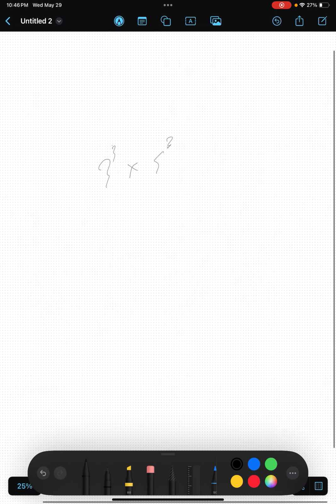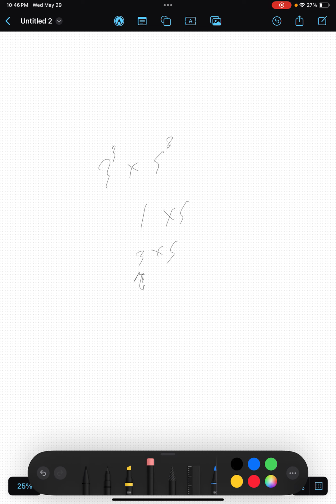Now, what you're going to notice is that, okay, let's just make all the factors, and we will start noticing a pattern. So 1 times 5, okay, that's no threes. 3 times 5, okay, 1 three. Now 9 times 5, okay, 2 threes. And then we have 27 times 5.